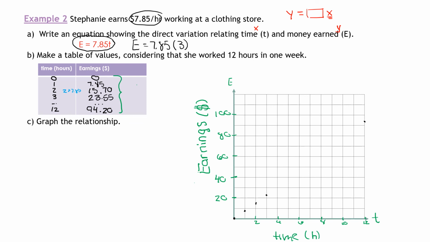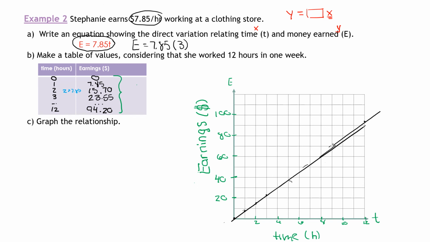So I think that's where my last plotted point will go, and now I'm going to get my ruler and draw a line. I'm going to put an arrow on the right end of the line because she can certainly work more than 12 hours, so I still have to put an arrow even though it looks like it's right at the edge of my grid. I still need to do that.